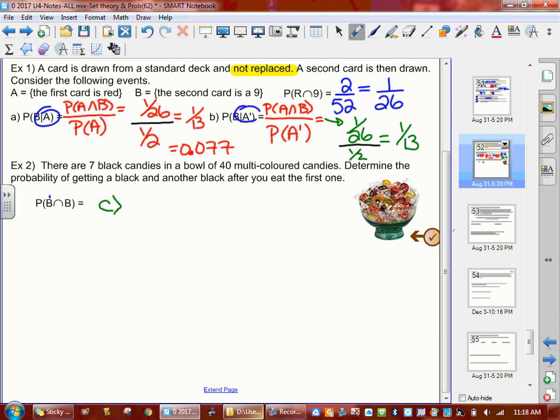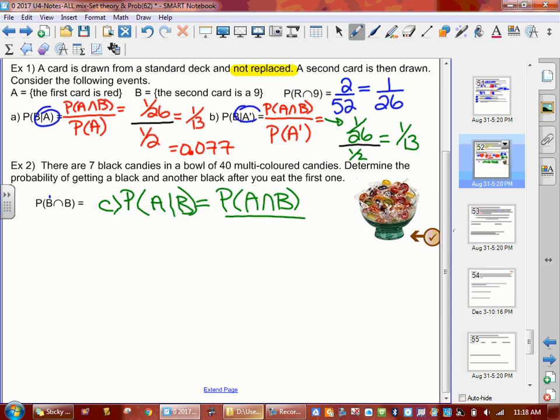Here's our letter C. I want the probability of A after B occurred. Well, that's going to be probability of A and B divided by which letter is written second? B. So B's in the bottom: probability of B. And we said A and B is how big? 1 in 26.